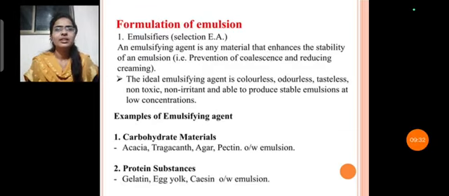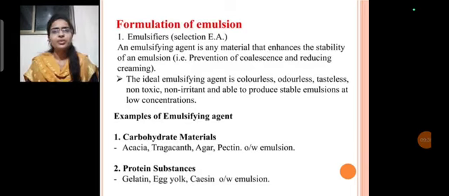Next is the formulation of emulsion. For the formulation of emulsion, there are various types of ingredients present. Firstly, the emulsifier is most important for the preparation of emulsion. Next are the preservative, flavoring agent and coloring agent. First, we can see the emulsifier or emulsifying agent.